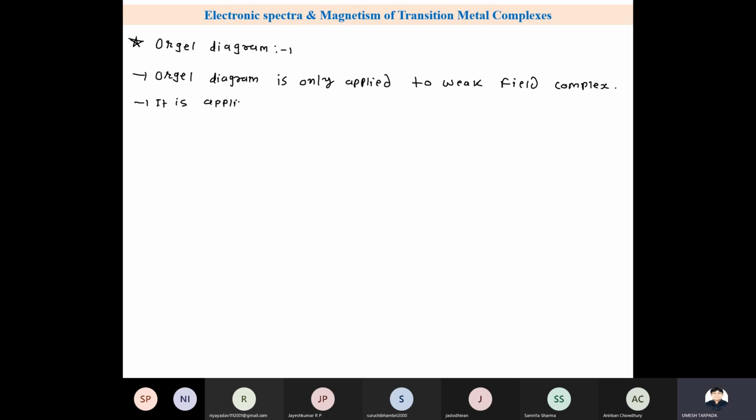So it is applied to high spin complexes.